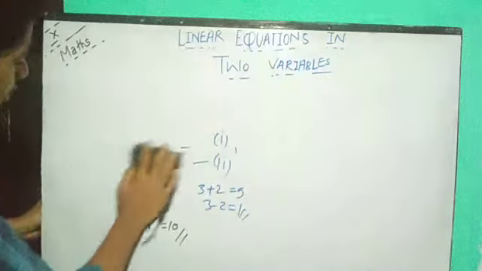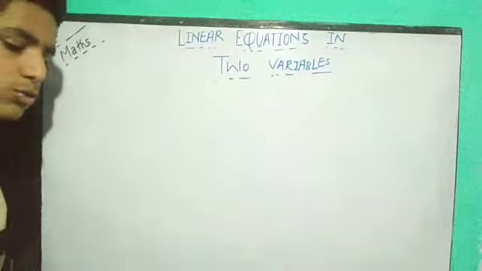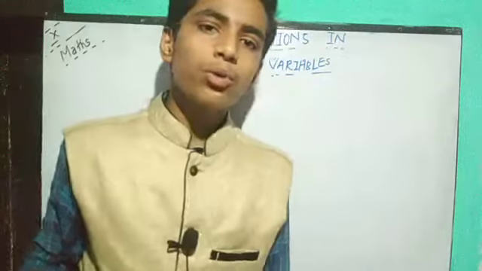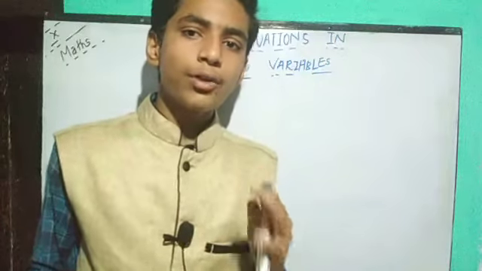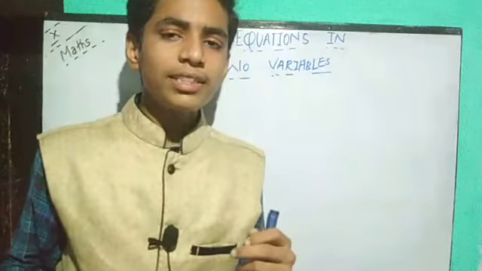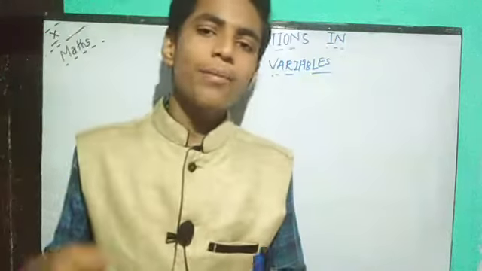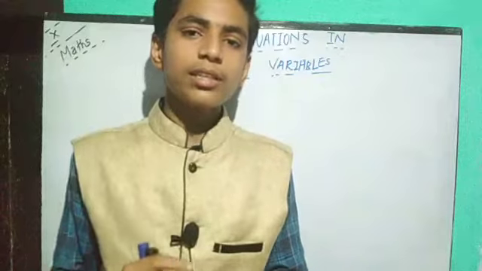Now we are going to see another term regarding linear equations in two variables. Actually, when we study the solutions of a linear equation in two variables, I told you alpha and beta are the variable values that we get. Now let me ask you one major question: there are two major methods of solving a linear equation.